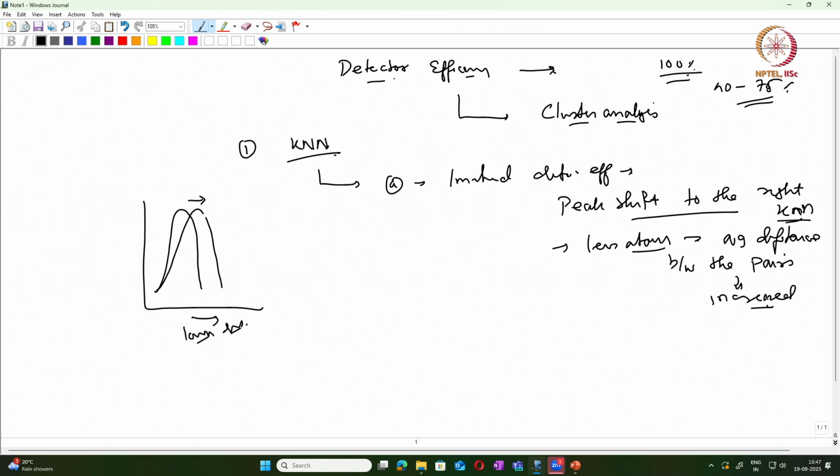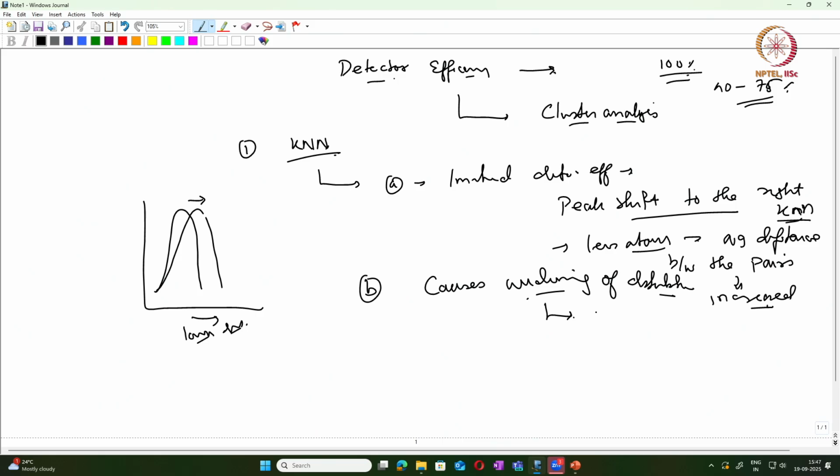And the second thing is it usually causes widening of the distribution. Why widening of the distribution?